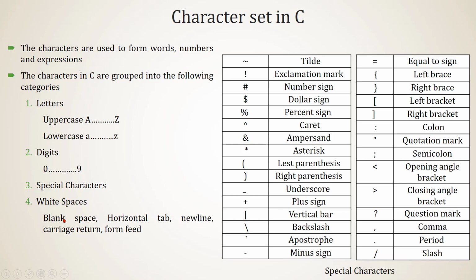So new line is nothing but the enter key. We can press the enter key while writing the C program. It is also considered a character in the C character set. Carriage return and form feed we will discuss later, when we study special characters.